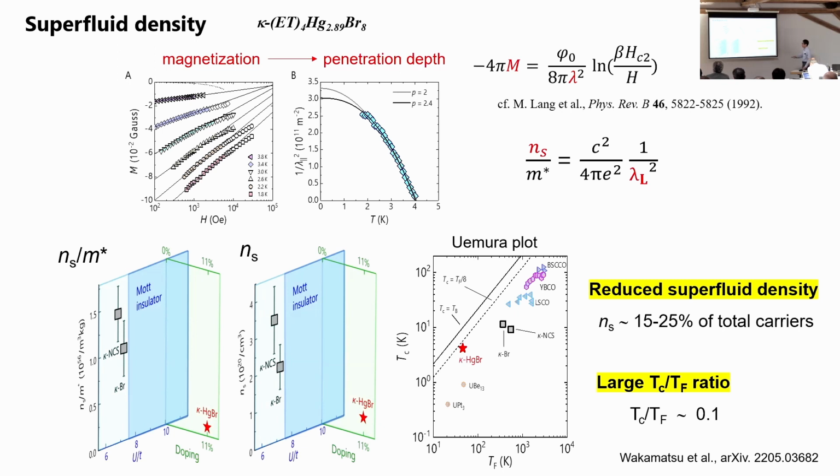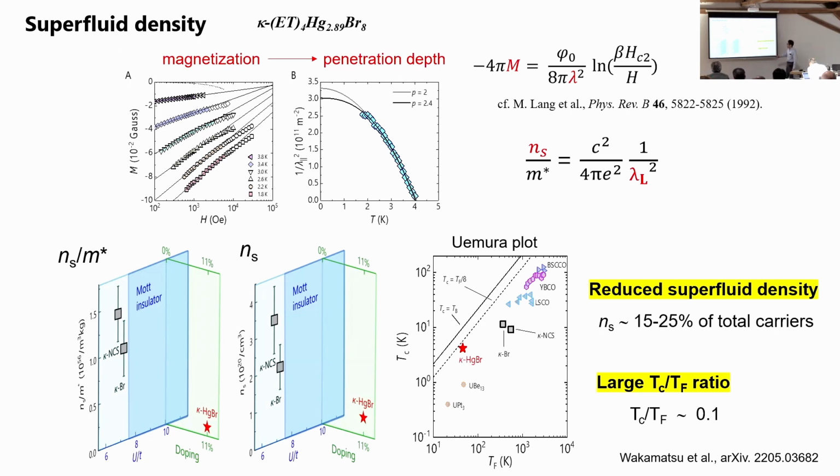Okay, the results here. This is U over T, and this is the doping. This plane is the half-filled planes, and U over T here. So NCS and bromine. Please take a look at the superfluid density here.